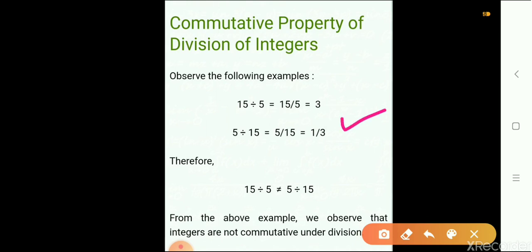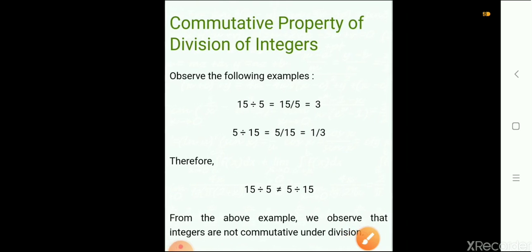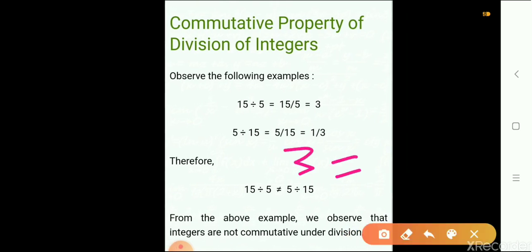Here we can see that 3 is not equal to 1/3. So 15 divided by 5 is not equal to 5 divided by 15. Hence we can say that integers are not commutative under division.